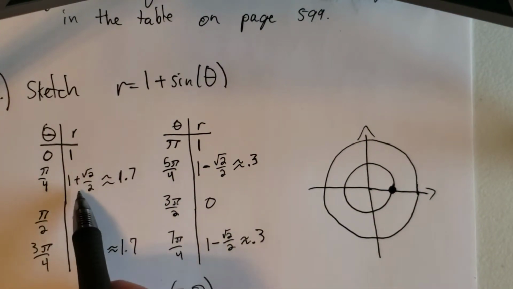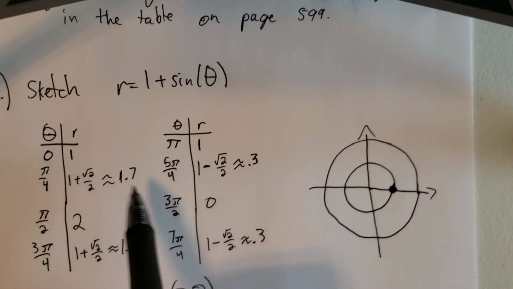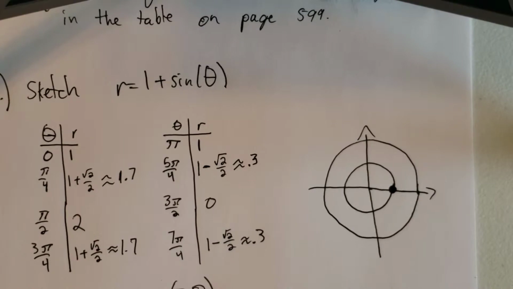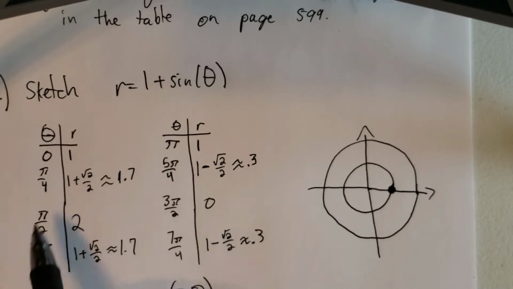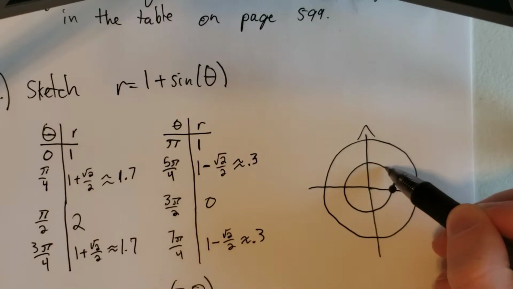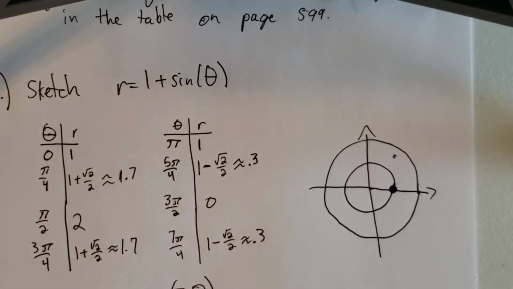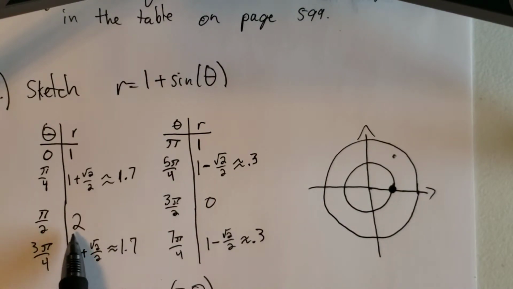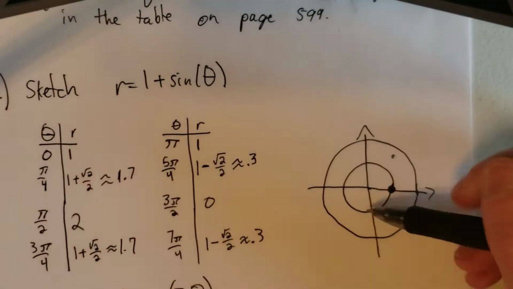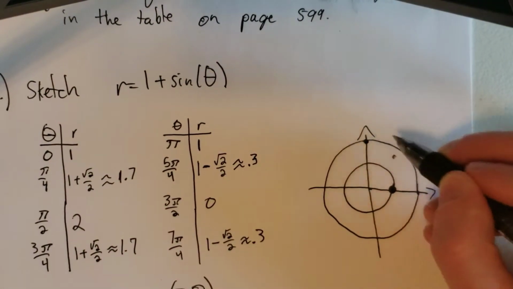Okay, pi over 4, 1.7, or really 1.7, pi over 4 if we're going with the r, theta notation. Theta is pi over 4, which moves in this direction, and 1.7 will be about there. If we plot pi over 2 for theta and 2 for r, pi over 2 moves in this direction. R is 2, so we'll plot that point.